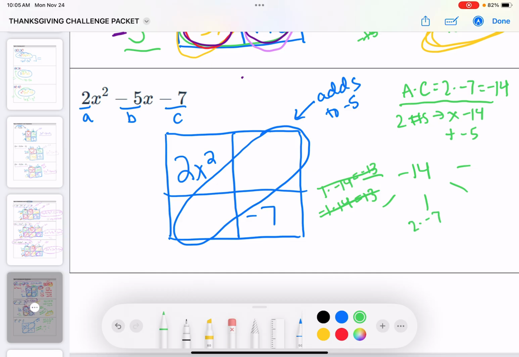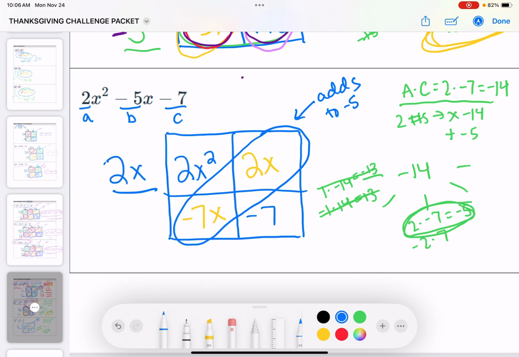2 times -7 and -2 times +7. 2 plus -7 is -5. So that's our winner. It doesn't matter which box you put them in as long as they both have an X. And then let's factor. 2x squared and 2x. They both have a 2.